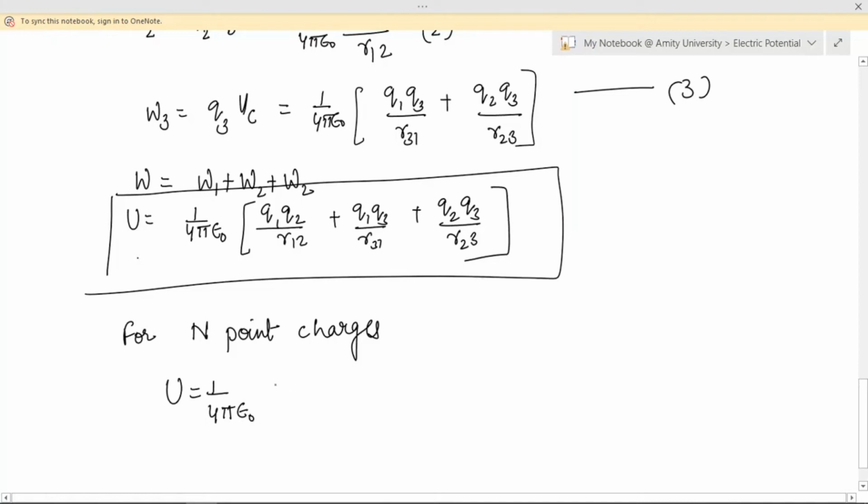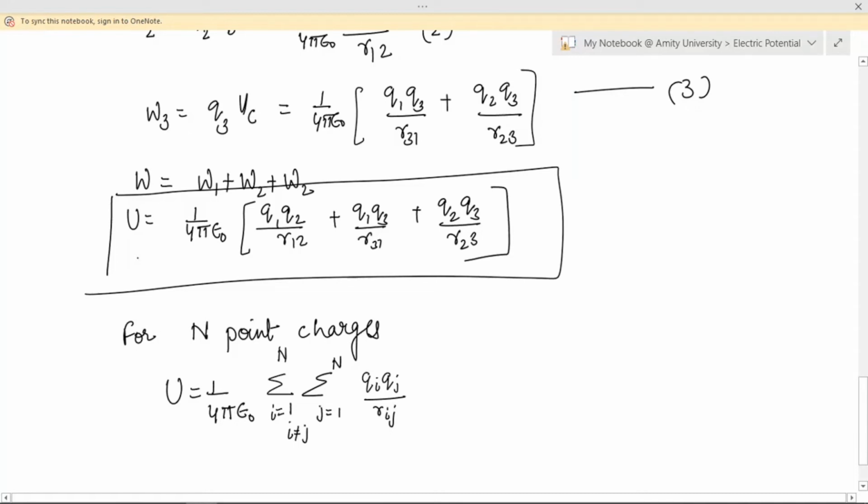Then we just take the summations of i is equal to 1 to n, and another one with j is equal to 1 to n again, and it will be qi qj upon rij, where for any number i should not be equal to j.